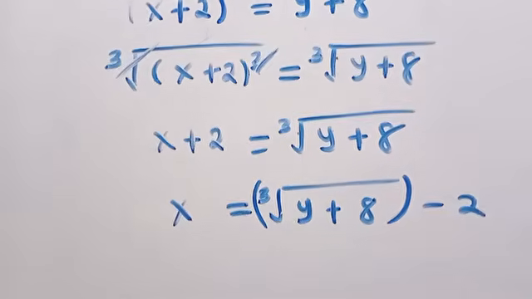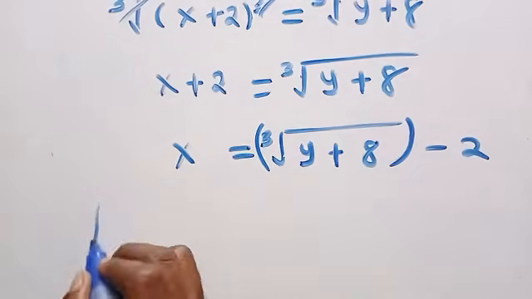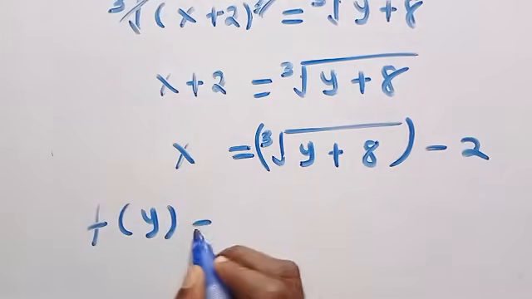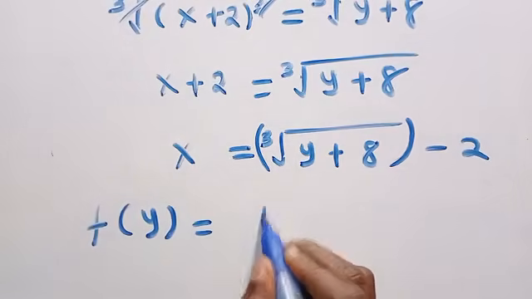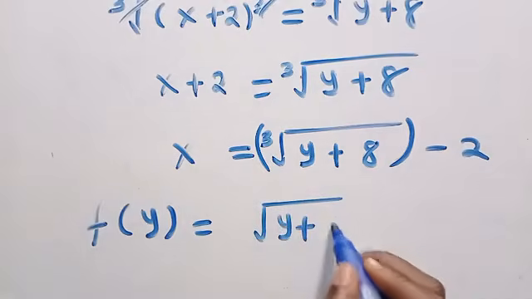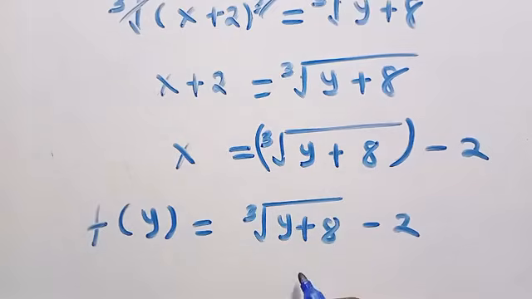And if you now come back, we are going to replace x with the whole of this. We have f of y equals, instead of x plus 2, we change it to the cube root of y plus 8, then minus 2, plus 2 as well, because 2 is part of what we have.